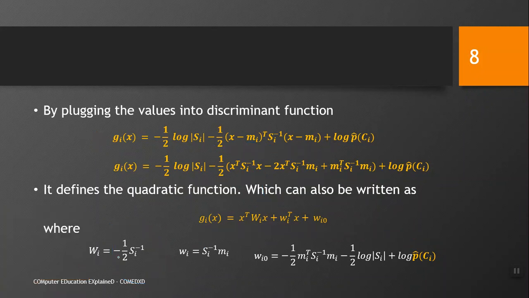You just have to suppose this value equal to this and replace this expression with the help of this. So the discriminant function gets simplified as x transpose W_i x plus w_i transpose x plus w_i0. So we have these three assumptions over here.